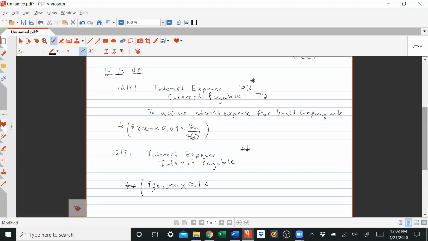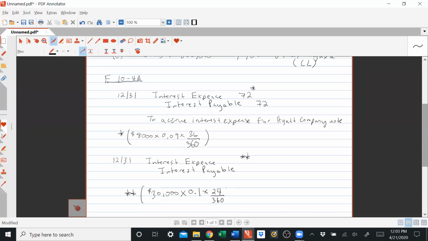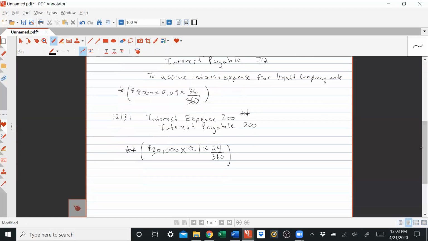How much time? 24 days. This is interest for 360 days or 1 year. So this is interest for 24 days. And you get $200. How do we come up with the 24 days? That's just December 31st minus December 7th. Somebody have a question? Let's see. No questions. All right.